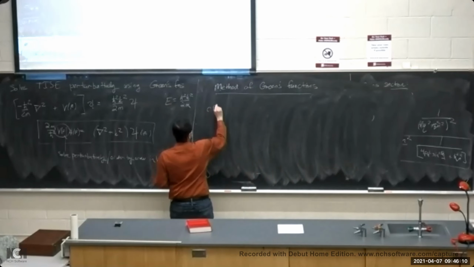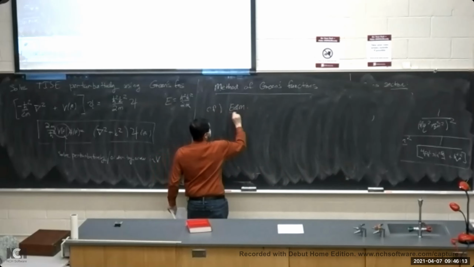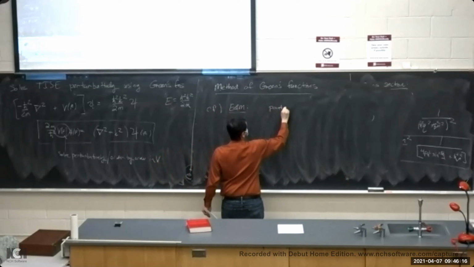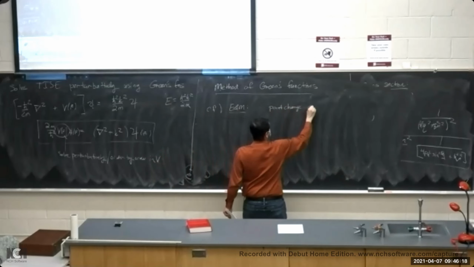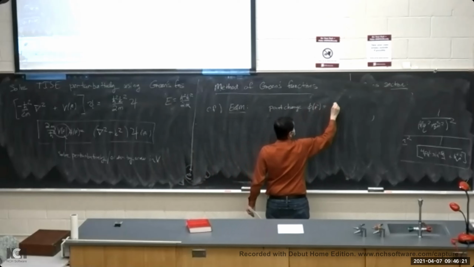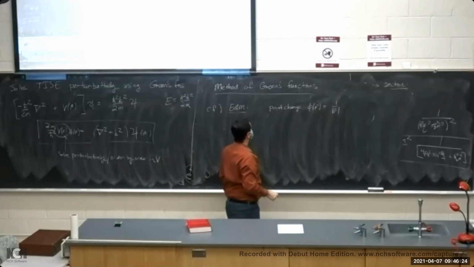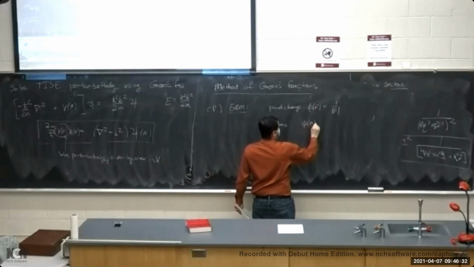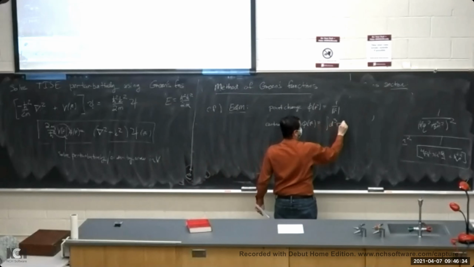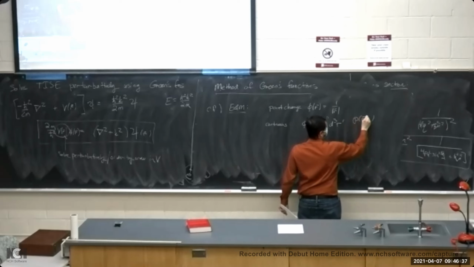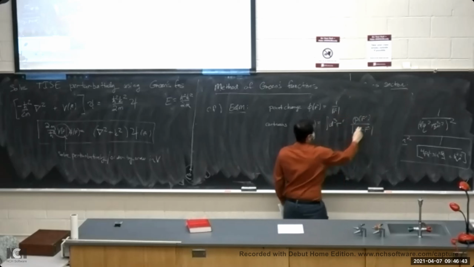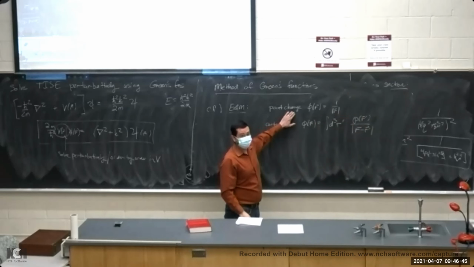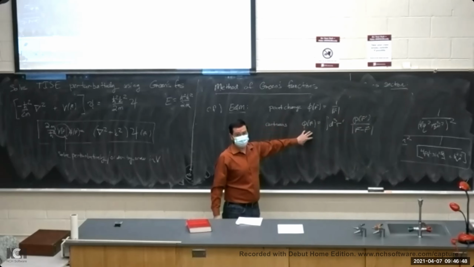So in E&M, you have something like a point charge whose potential is phi of r equals 1 over r in appropriate units. And that means that if I have a continuous distribution, I can write phi of r as an integral over all possible sources, d3 r prime, charge density at r prime, 1 over r minus r prime. So knowing how a point charge behaves is tantamount to knowing how all charge distributions behave.